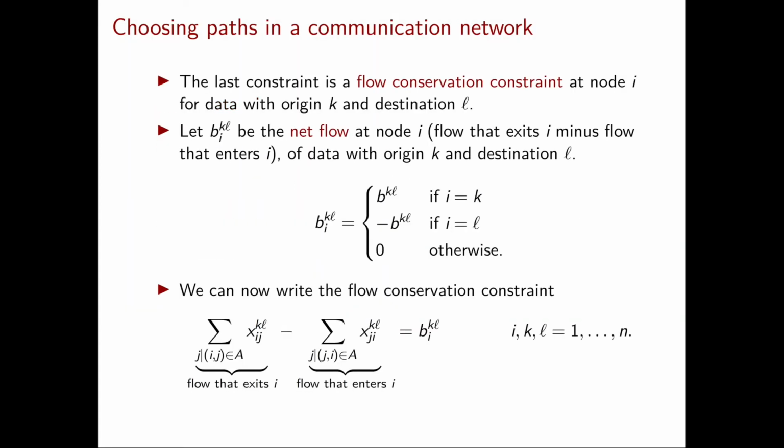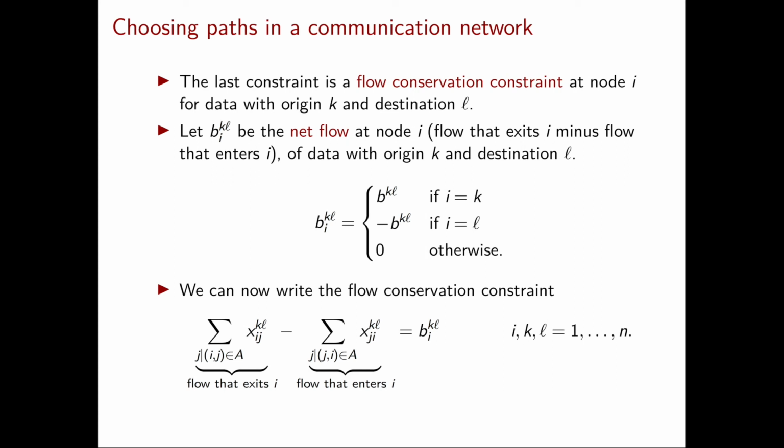We are only left with one type of constraints to write down, and these are constraints that are very common in this type of network problems, and they're called flow conservation constraints. Think about the data generated in k with destination l. In this problem, we have to decide how this data flows essentially from k to l.